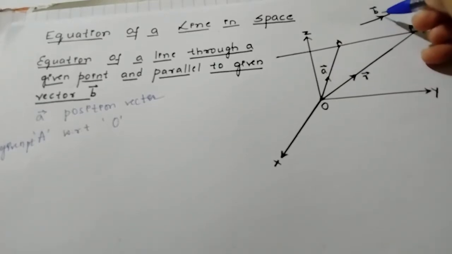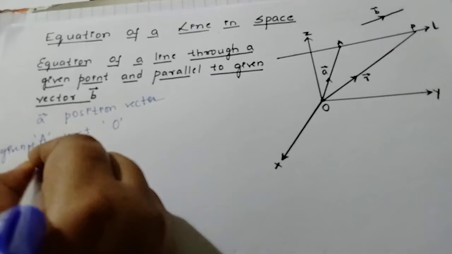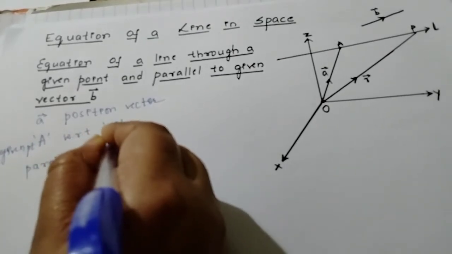Then we have taken one more, which should be parallel to b.